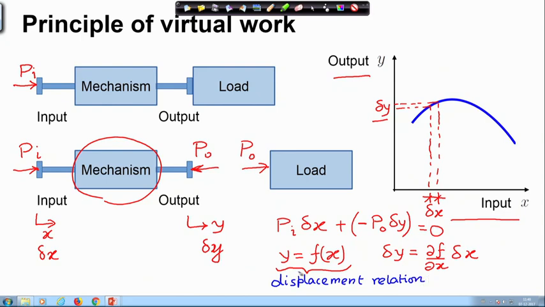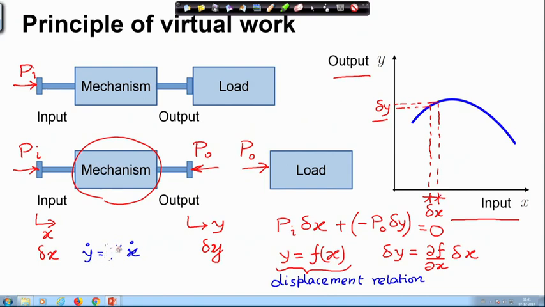Now, this could have been obtained even from the velocity relation. Suppose I know y dot as some function, here, actually this is the Jacobian as we have seen.